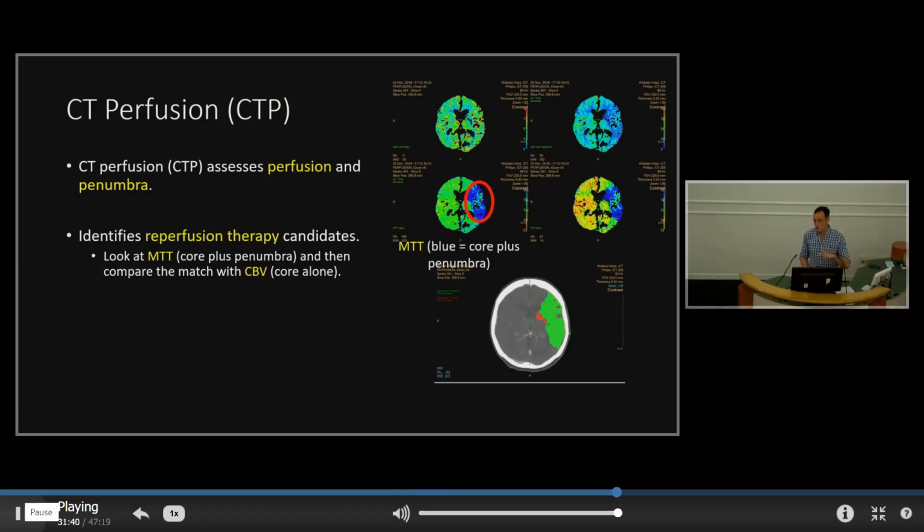So that is the core plus penumbra, but it doesn't tell you what's core and what's penumbra. So then we look at the CBV, the cerebral blood volume, and you want to see if there's any change in color there. That would be core. Now there's a tiny black region there. You can see that sliver of black, and that would be the core. Most of the brain tissue on CBV looks normal.